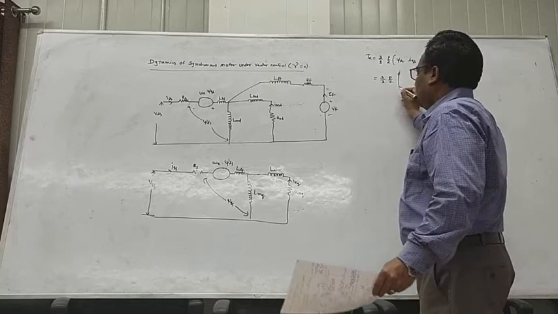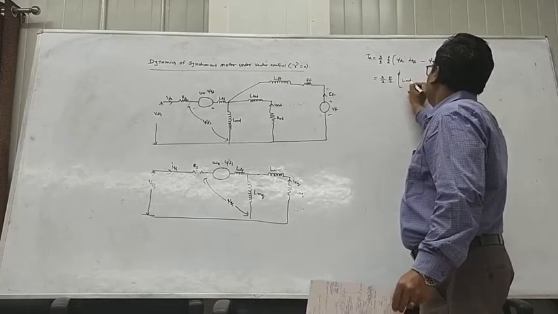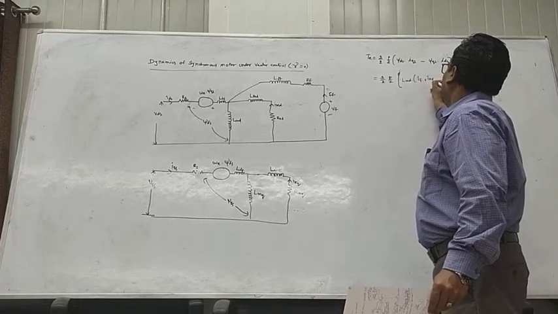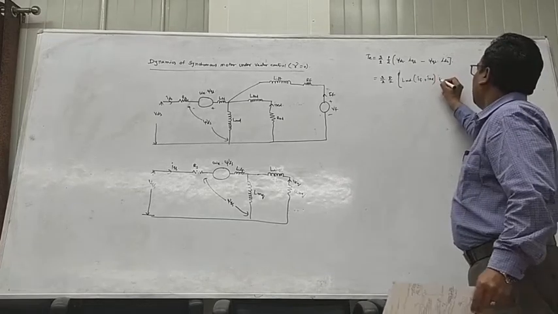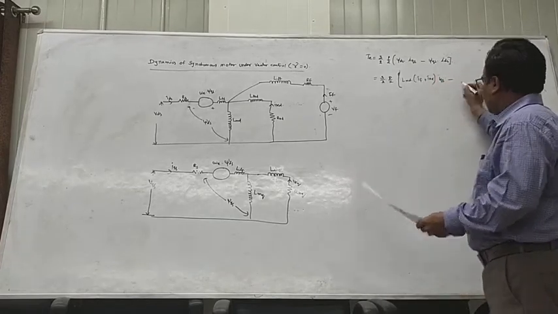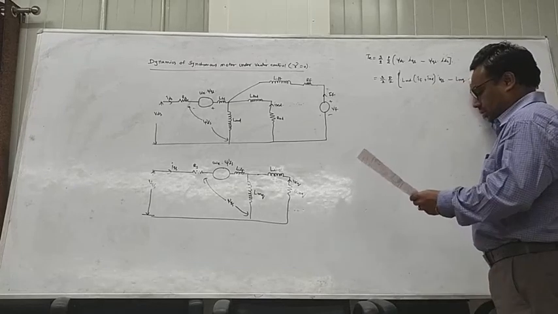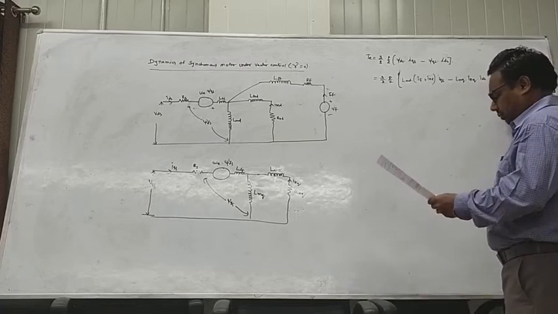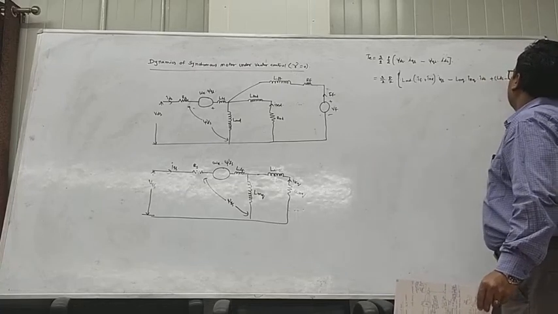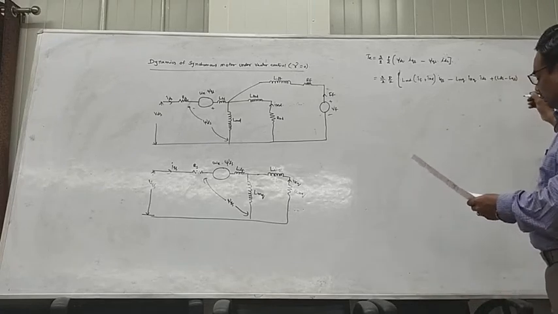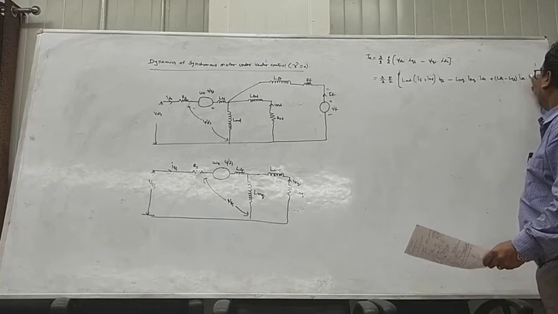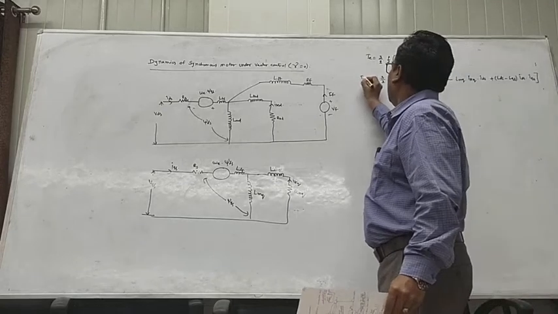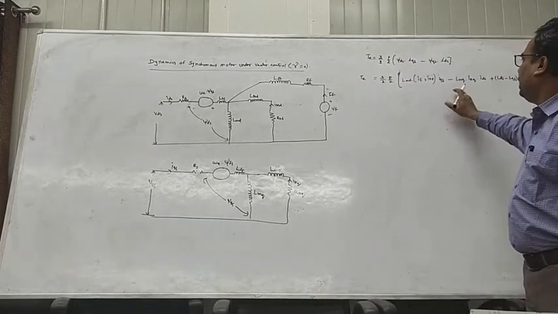If you replace this psi ds, I am writing LMD into the field current IF plus IKD into IQS minus LMQ into IKQ into IDS plus LDS minus LQS into IDS into IQS. So this is the torque equation, because in the last lecture this equation was already derived.